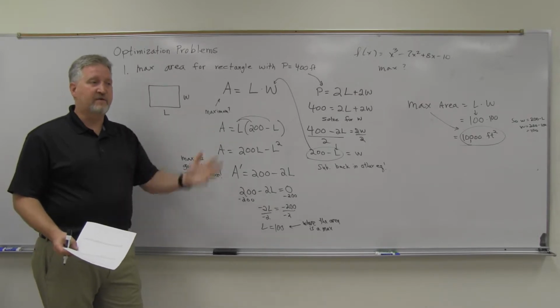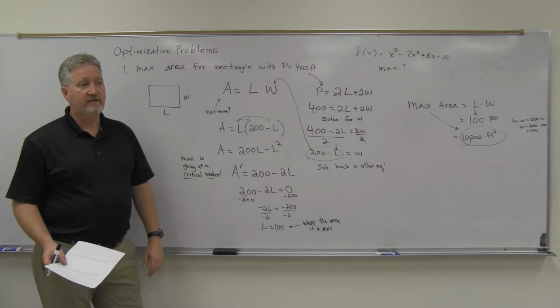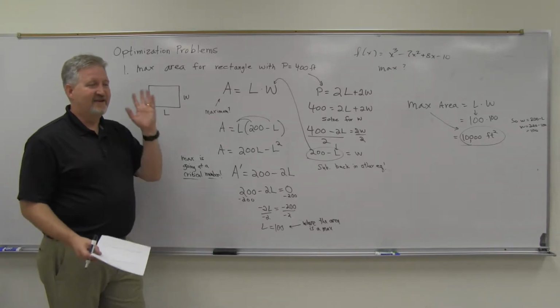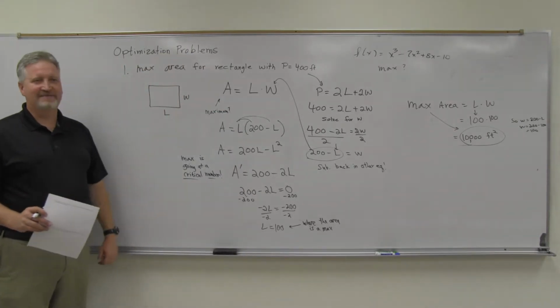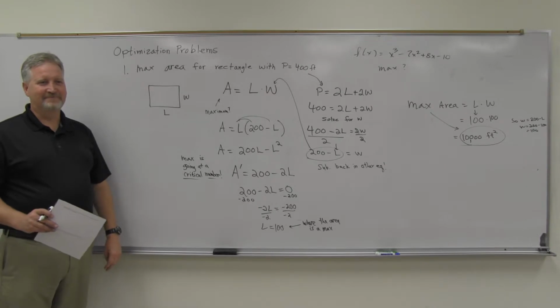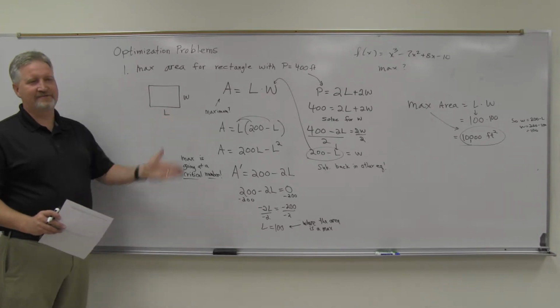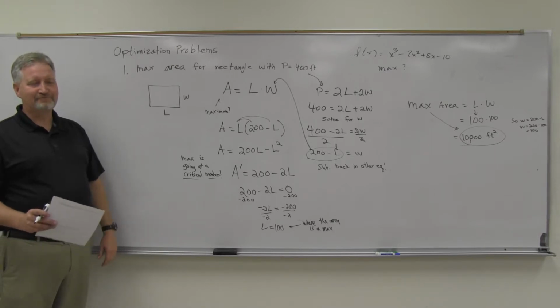But the square maximizes that area of the rectangle. We'll make a few little tweaks to that, because you can't always use a square, actually. But in this problem, it's always a square. Okay? But that's just a side note.